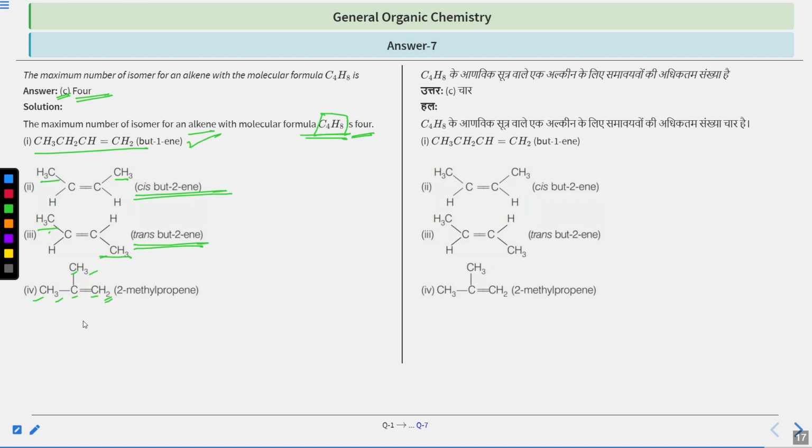You count the carbon and hydrogen, it will be 4 and 8 respectively in all of them, but they are different structurally. That's why they are known as isomers of each other. An alkene with molecular formula C4H8 has a maximum of 4 isomers, and that's why option C is the correct answer.